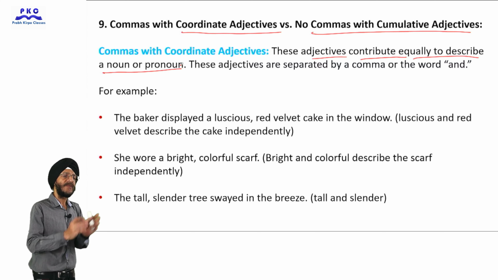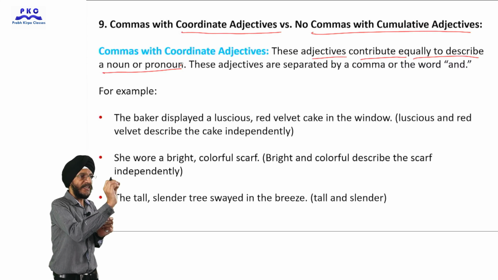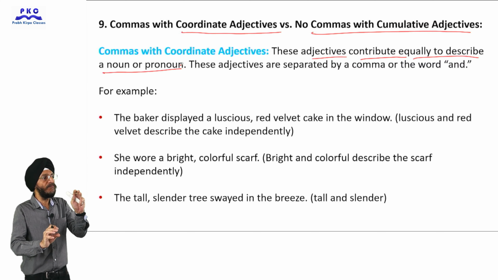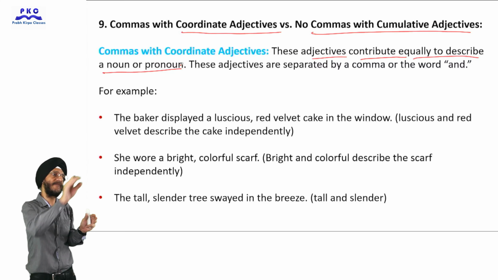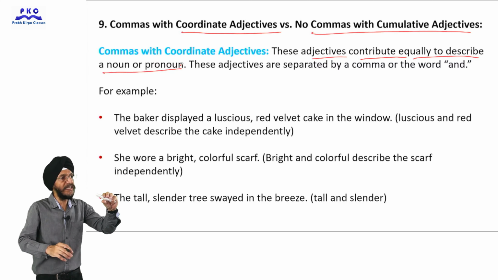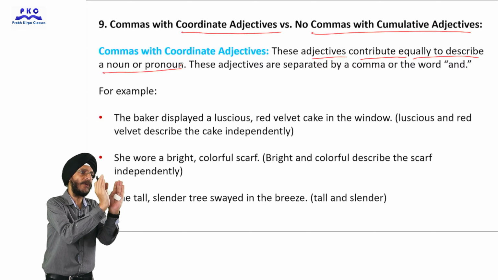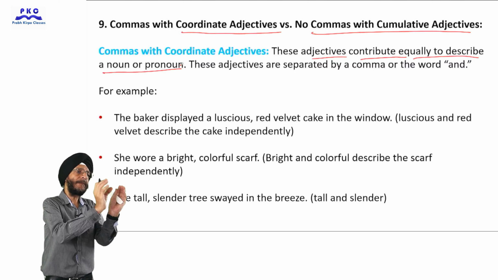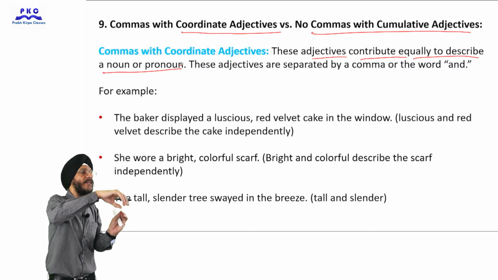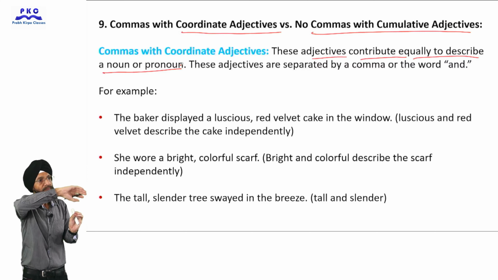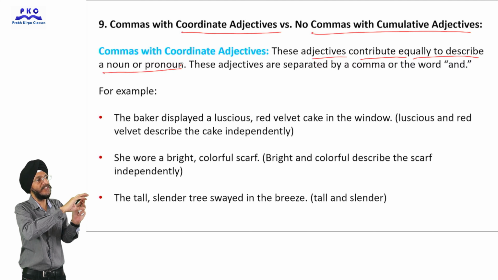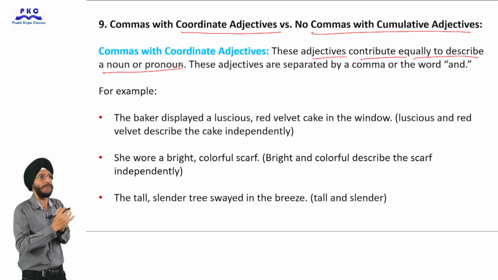It means that when an adjective is describing a noun or a pronoun, it has equal importance with respect to the noun. It is not that one adjective is more important and the other is less. Both adjectives are of equal importance. They play an equal role in describing the noun.